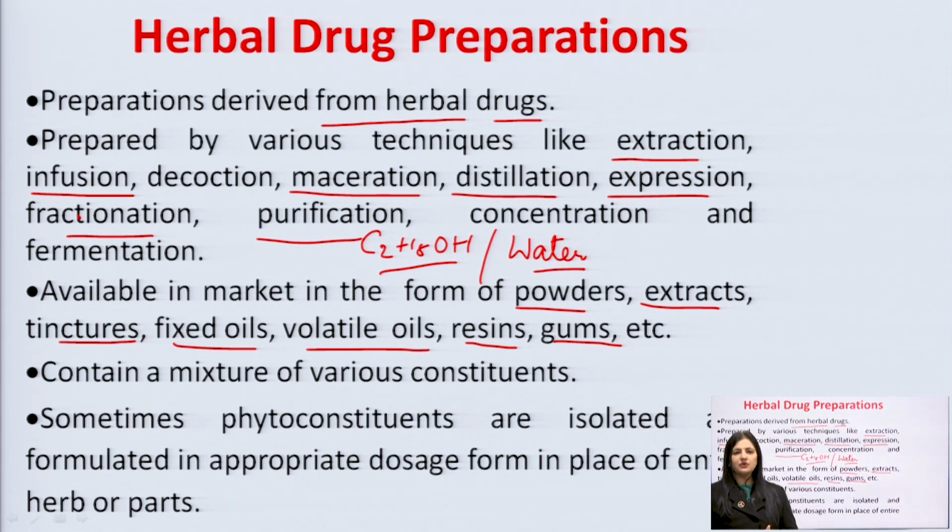Sometimes phytoconstituents are isolated and formulated in appropriate dosage forms in place of the entire parts. That is what I said to you, that you have to convert into dosage form which you can take up.